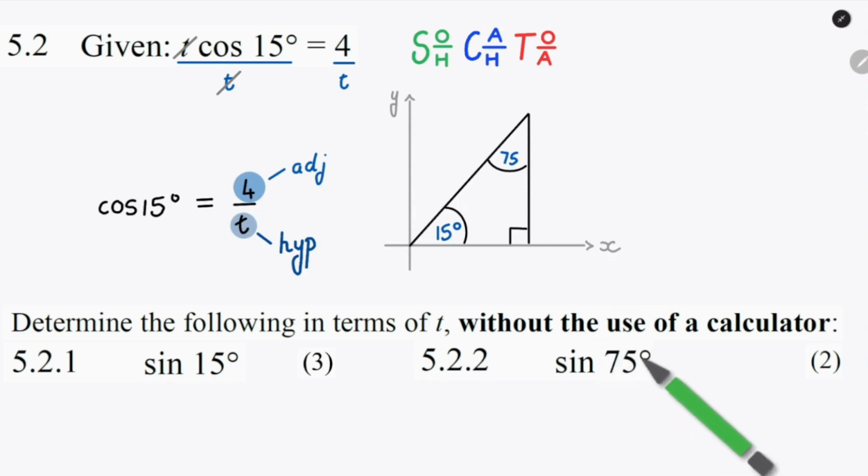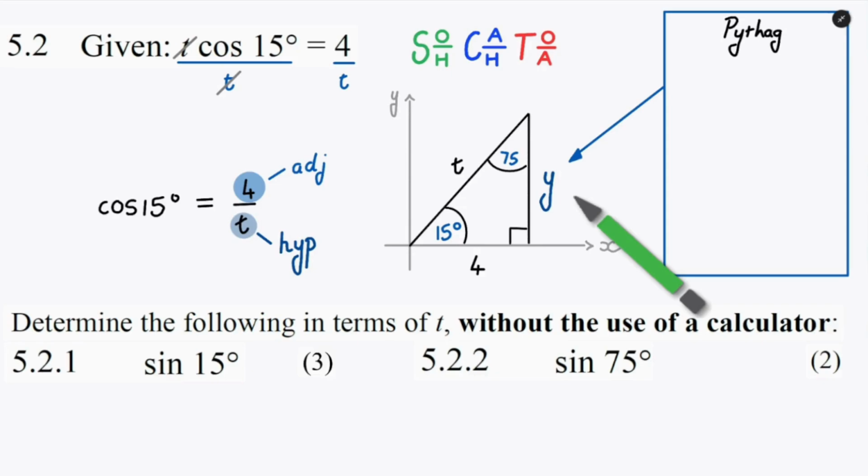And hey, would you look at that? They're going to test it. That's why I always get it. And then we fill in our adjacent and hypotenuse. So adjacent to the 15 will go the 4. And our hypotenuse gets filled in as t because that's at the bottom over here. Now to get this missing side, we're going to use Pythagoras. And we'll start off by naming it y because it goes up and down.